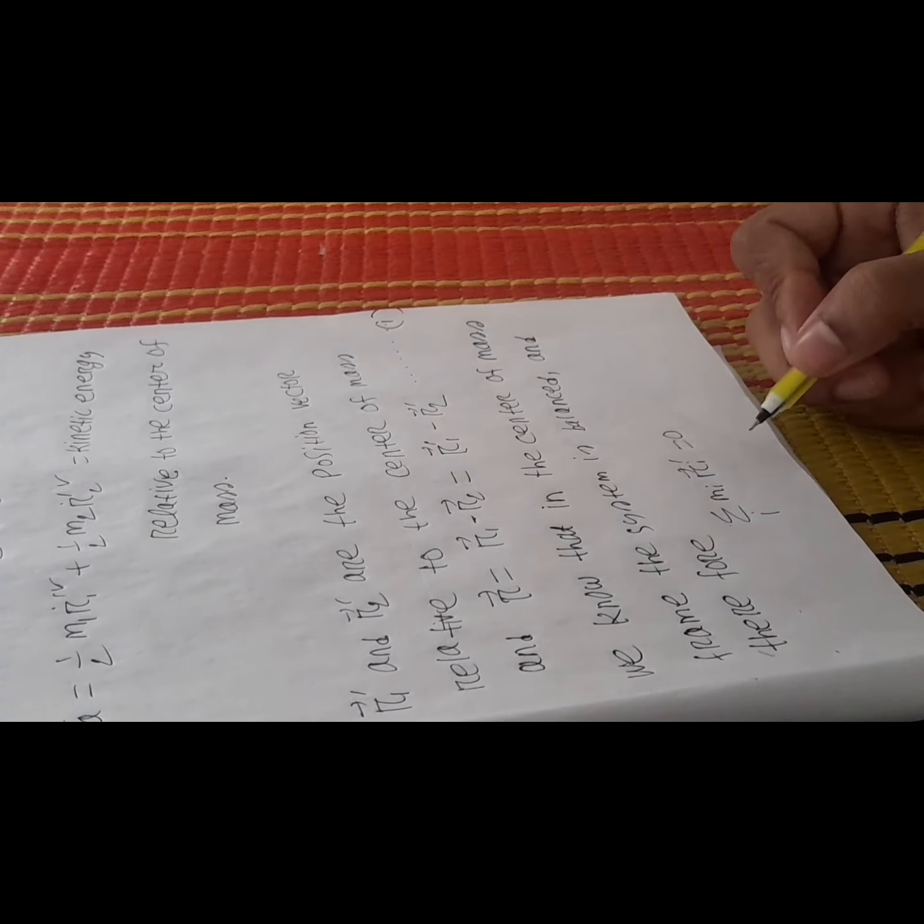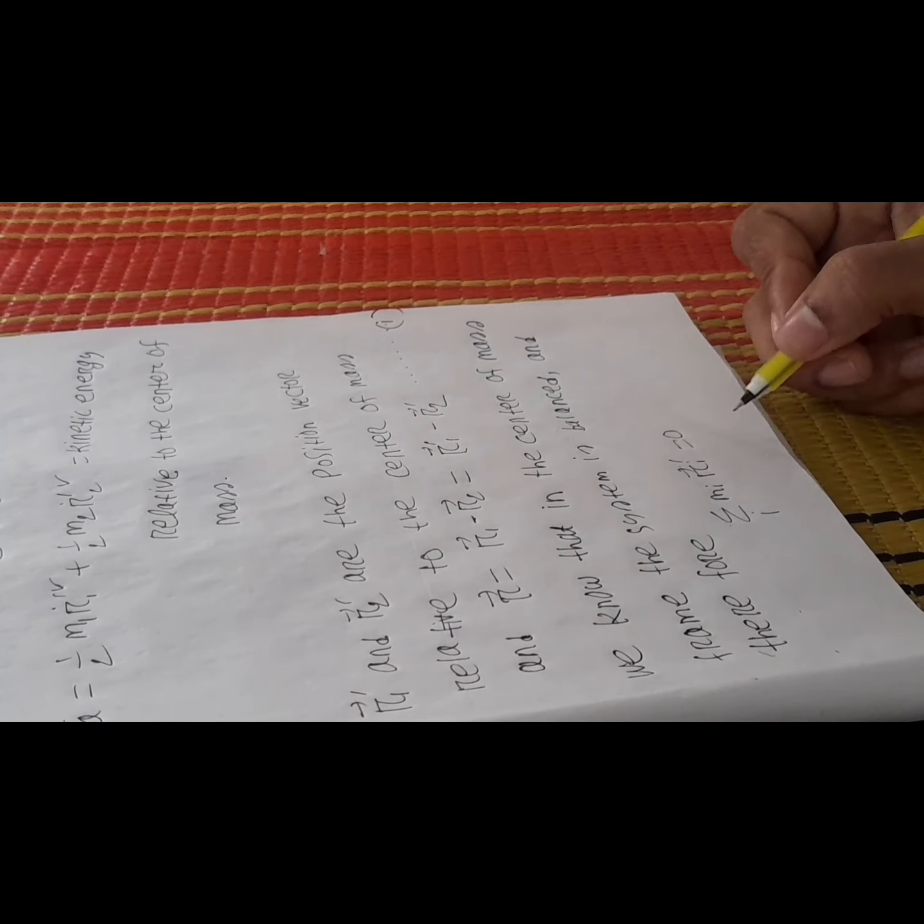Summation of i, mi vector r dot i equals 0.